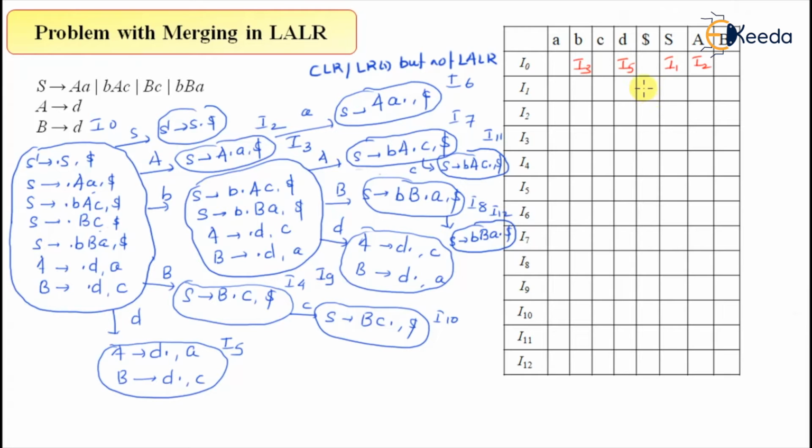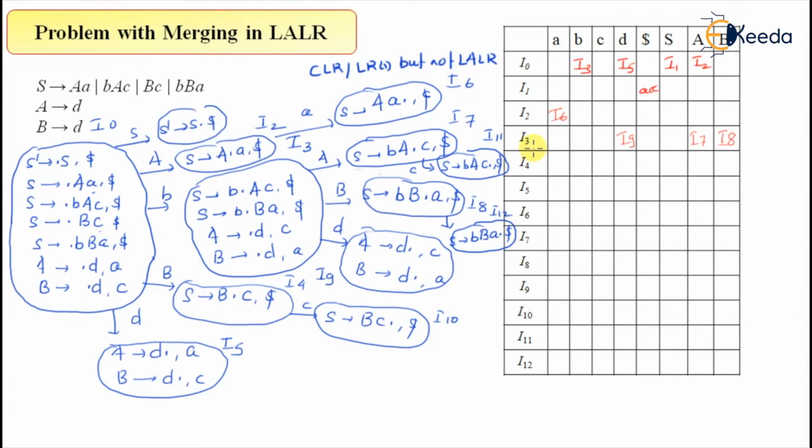I1 on input dollar is accept. I2 on input A goes to I6, and I2 is not going anywhere else. I3 on input capital A goes to I7, on input capital B goes to I8, and on input d goes to I9.